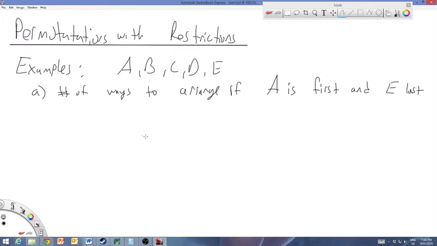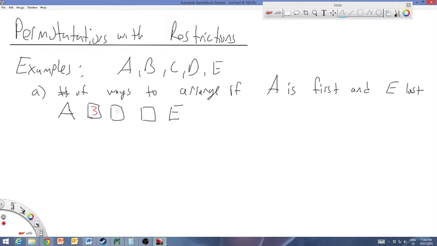Okay. So one way to visualize it is I'm going to put A first. There's only one possible way. Okay, and then I'm going to put E last. And in the middle, I'm going to stick 3 empty boxes. So this is the only way we can get A first and E last. Now, inside here, there's no restrictions. So how many letters can I put in the second spot? I can choose any of the 3 remaining.